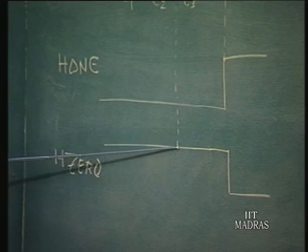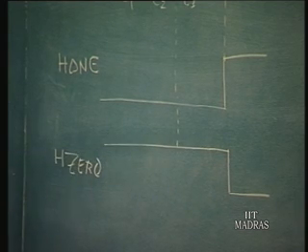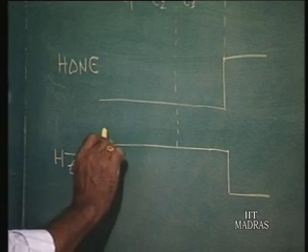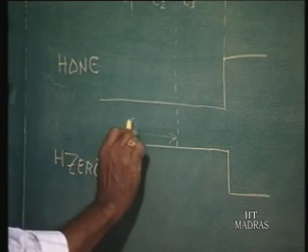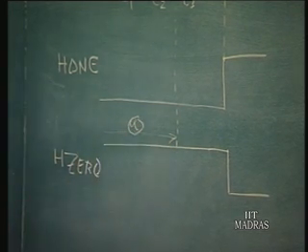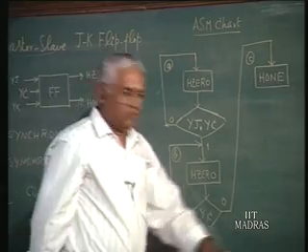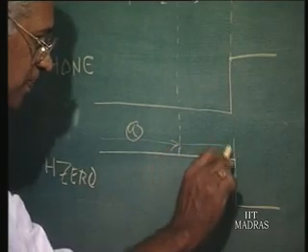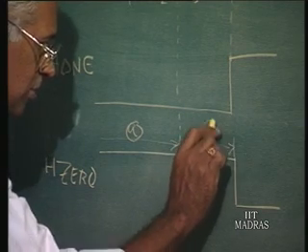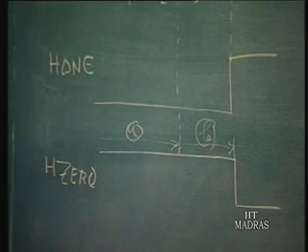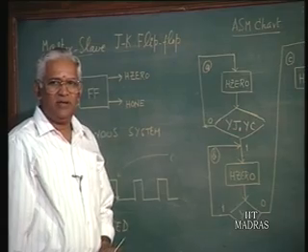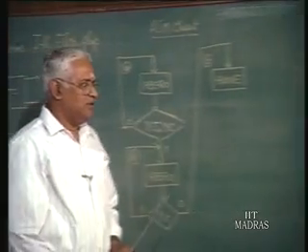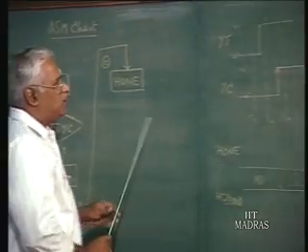It continued to be generated as H0. We may even say that up to this, it corresponds to state A, and from here to here, it corresponds to state B.